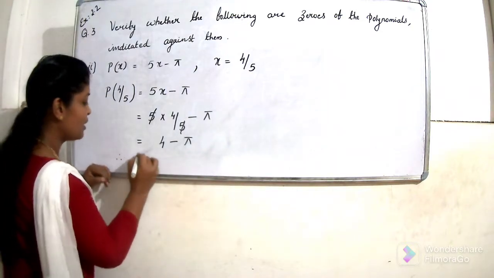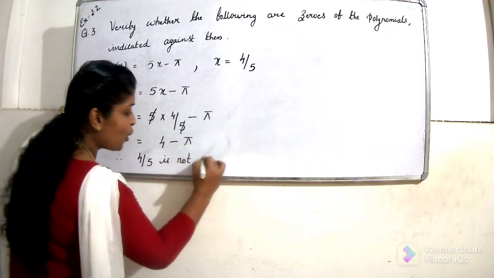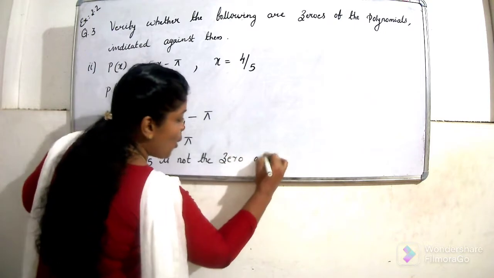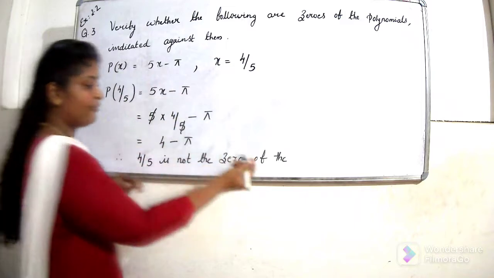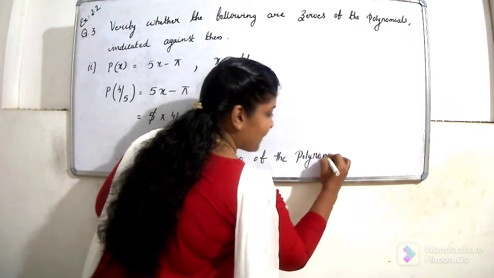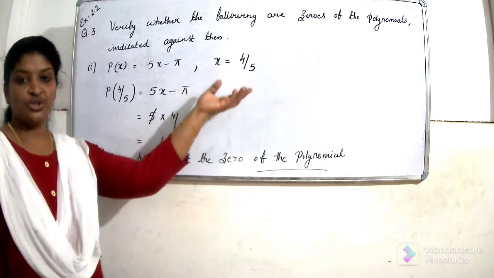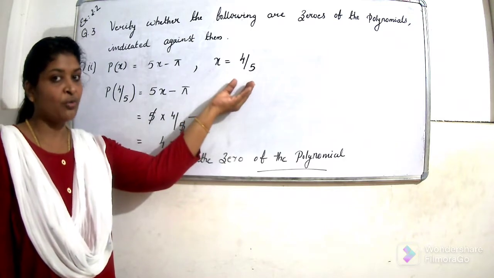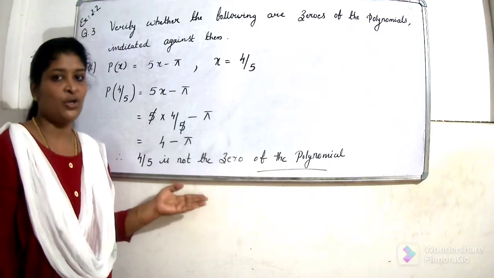Therefore, 4 by 5 is not the 0 of the polynomial. Which one they have given as the 0 of the polynomial, we verified that, but it is not the 0 of the polynomial. Okay.